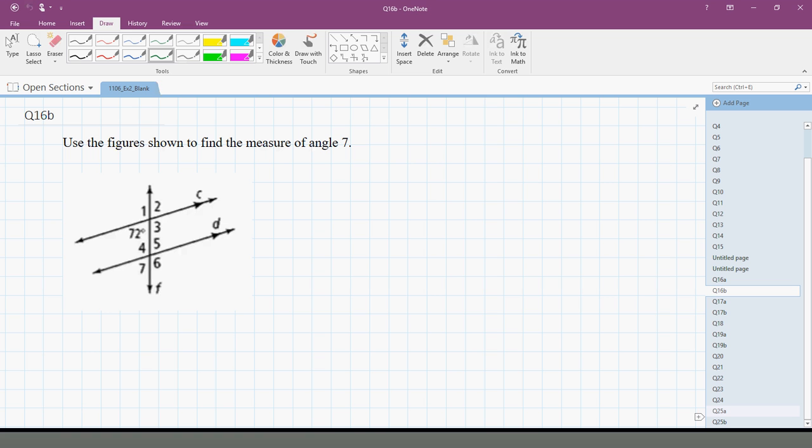All right, next question. So our goal, again, is angle 7. What is its measure going to be?